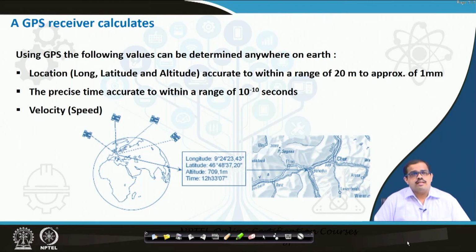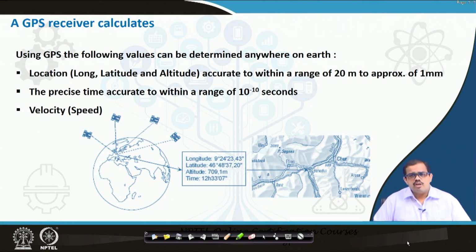So, many of you would have seen a normal GPS system by itself, or would have used GPS in your mobile phones. These GPS have 4 values to determine position anywhere on the Earth. The first thing it looks at is latitude and longitude, and the next thing is altitude.